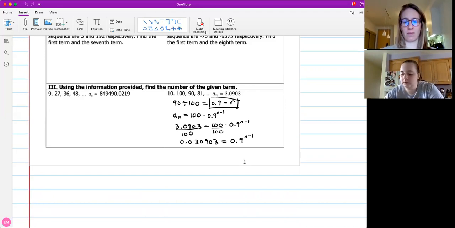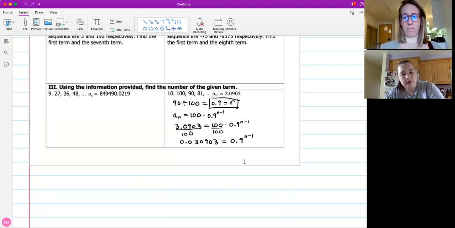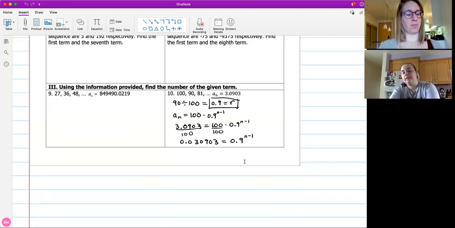Okay, so then to do the log rules, we need to turn this into a log. Remember, guys, anytime you have an exponent that is a variable and you need to get it out, like we do here, you have to use log rules.